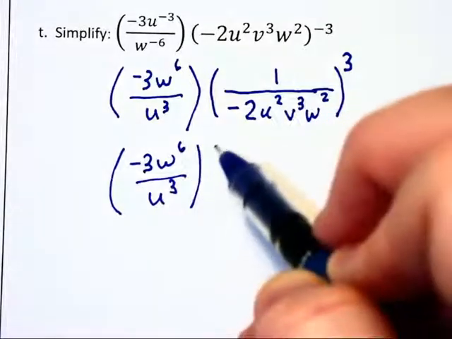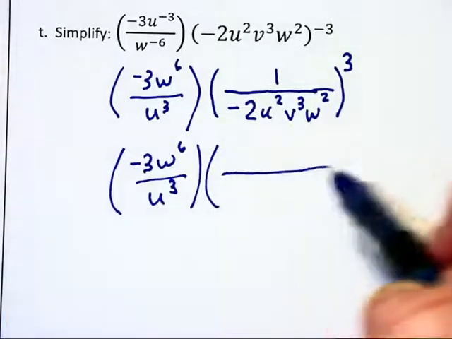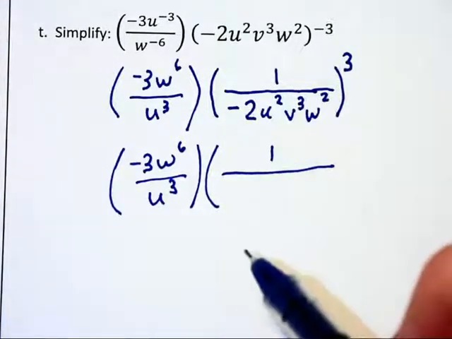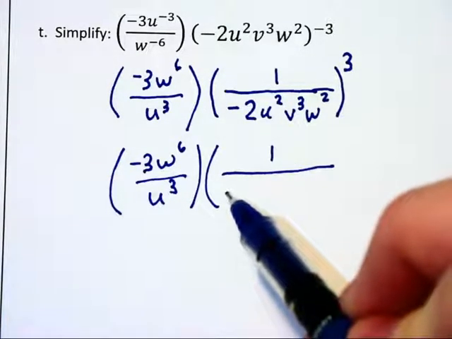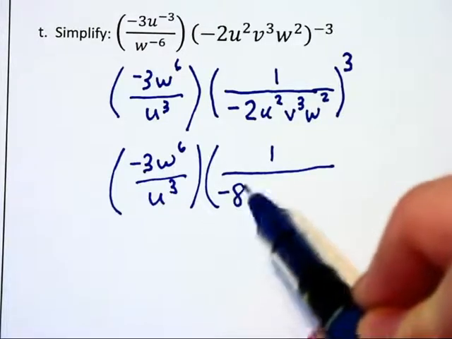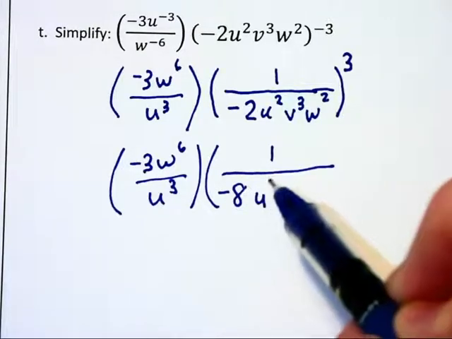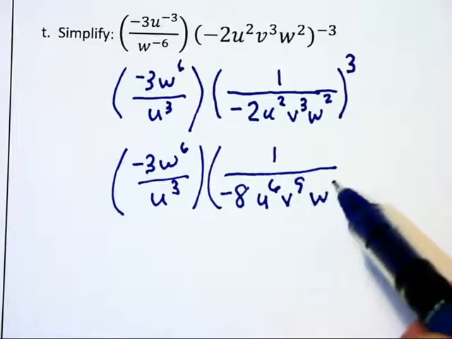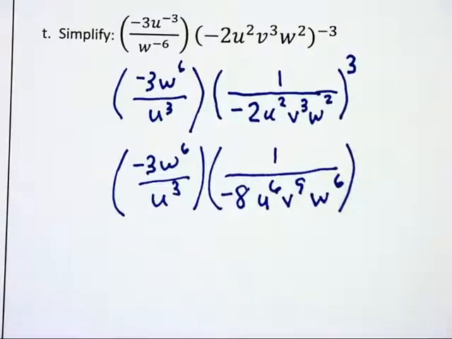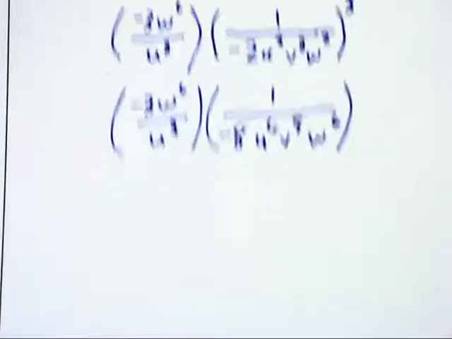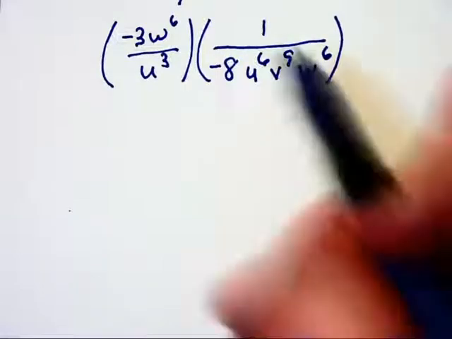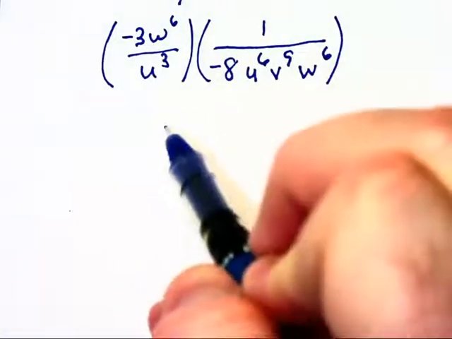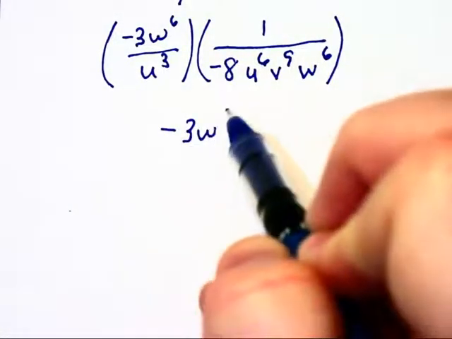but I'm going to cube in that second parentheses. 1 cubed is still 1. Negative 2 multiplied by itself 3 times is negative 8. We will then have u to the 6th, v to the 9th, w to the 6th when we multiply exponents together. Now let's multiply these two parentheses together. The numerator will become negative 3w to the 6th.